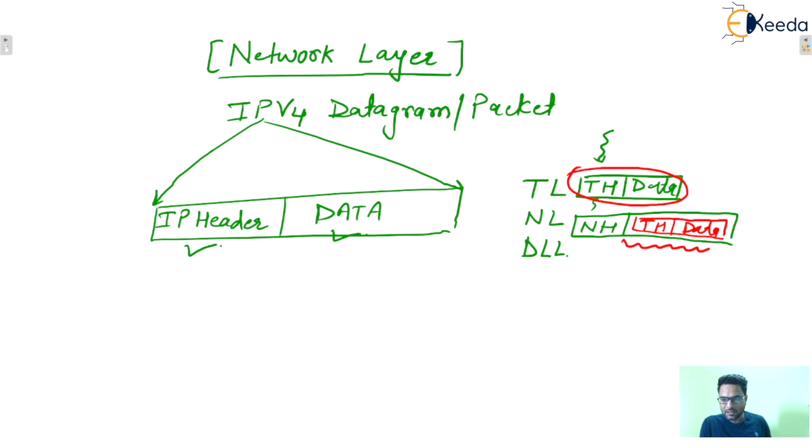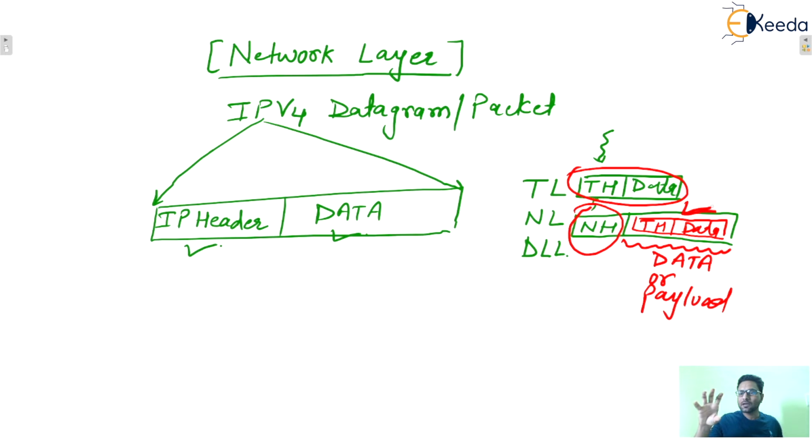Now this part is considered as data, or sometimes it is known as payload. This is the network layer header, and whatever is other than the network layer header is known as payload or data. In that payload, the upper layer headers will be included. I hope this is clear to everyone.